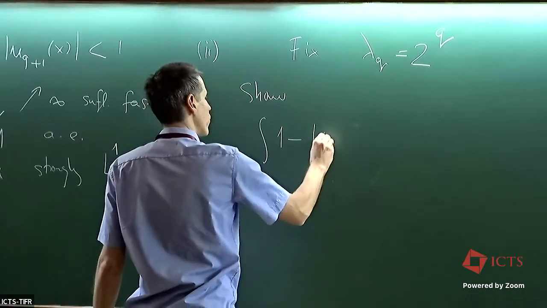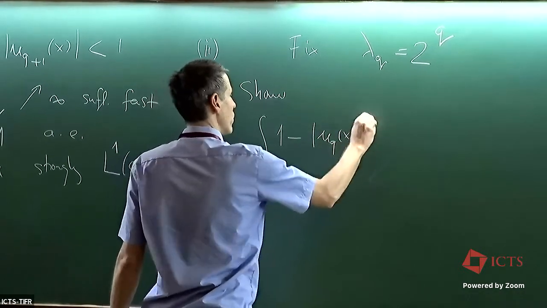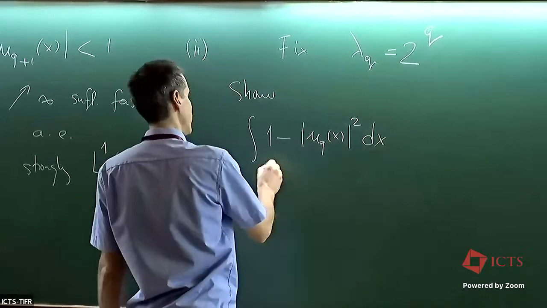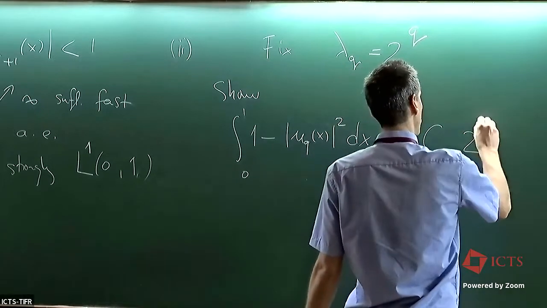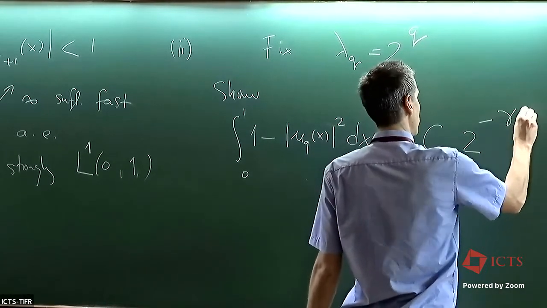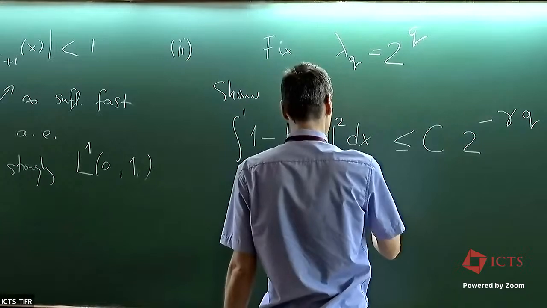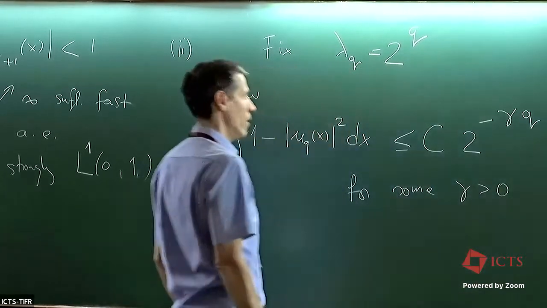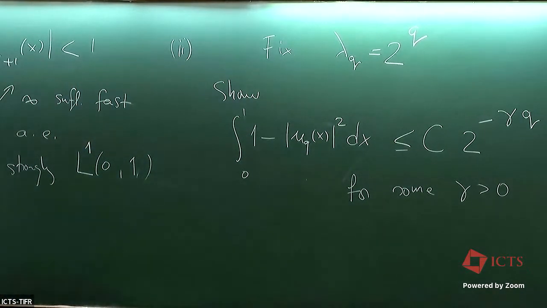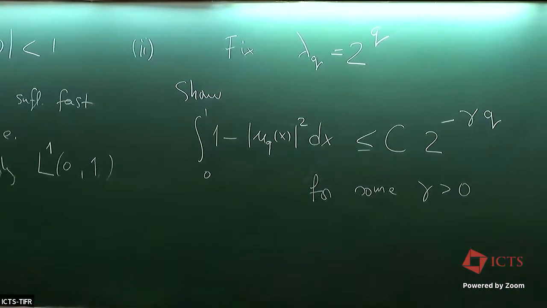So the sup over 0, 1 of 1 minus the modulus of u_q squared is bounded by some constant times 2 to the minus gamma q, for some gamma. That's the more tricky part of the exercise. And I'm happy to discuss, as I said. I'm here for at least until Wednesday next week.